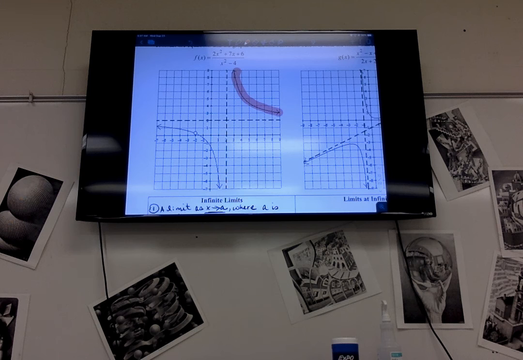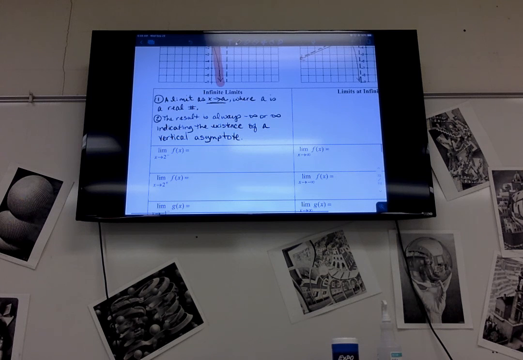Wait, from the left? From the left, it'd be negative. You were right. I was talking about from the right. So from the left, it is going down forever. Now notice a is a real number. a is 2, x approaches 2. So that's negative infinity.